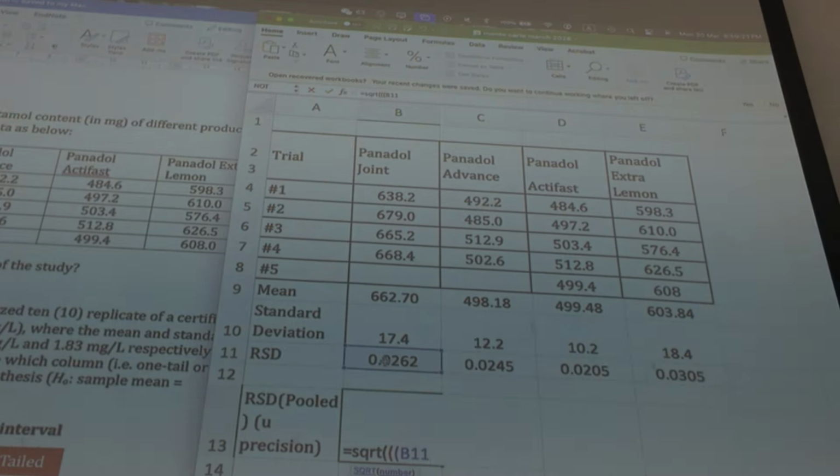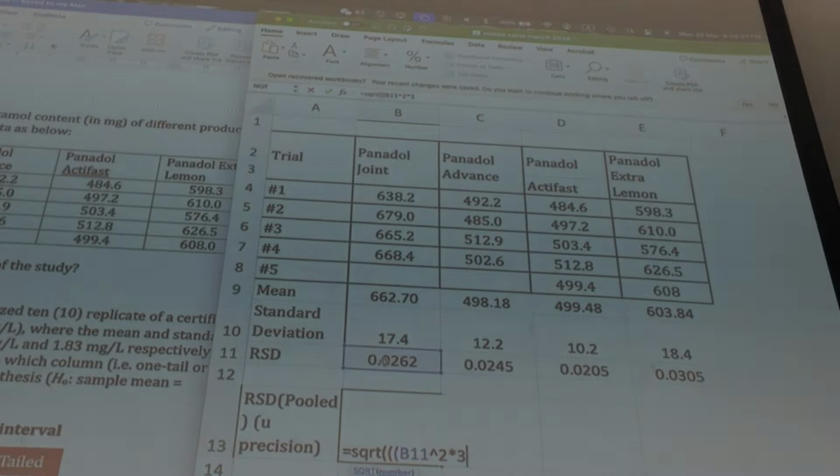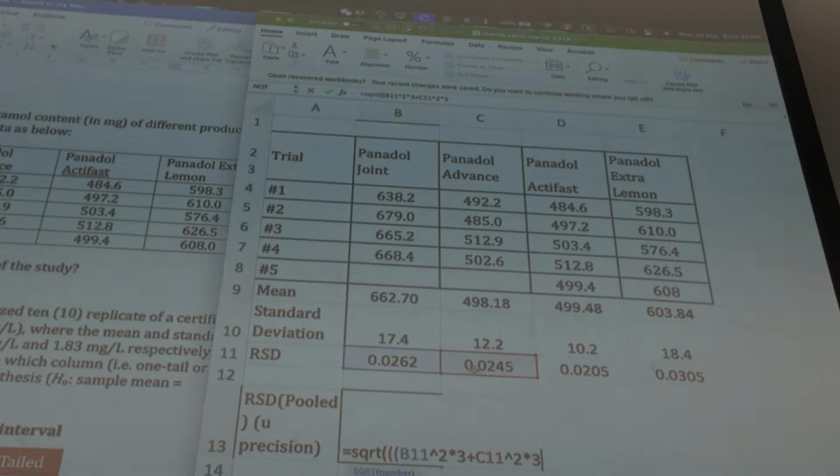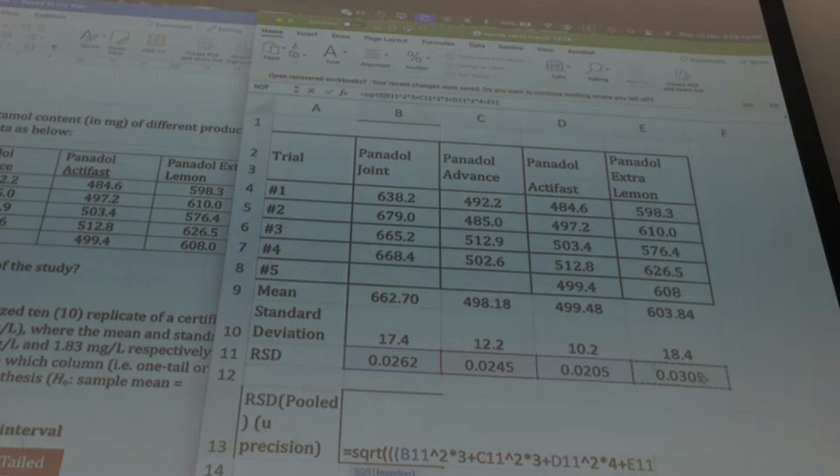You want it squared? Squared times 3 plus this one squared times 3 plus this one squared times 4 plus this one squared times 4, divided by 3, 3, 4, 4.